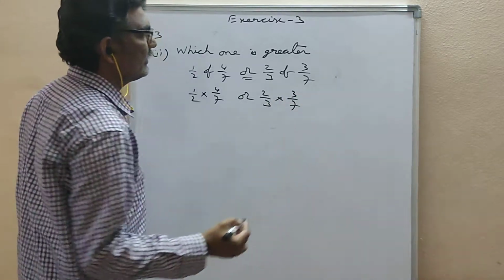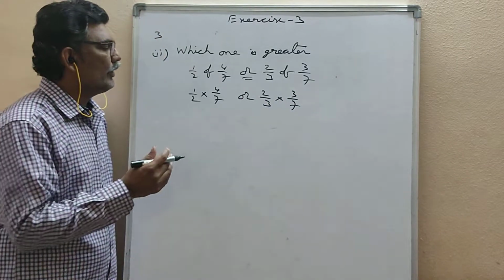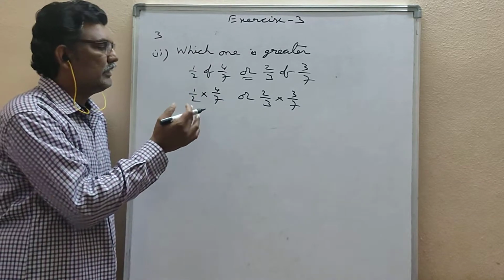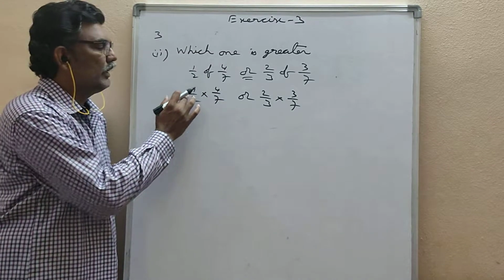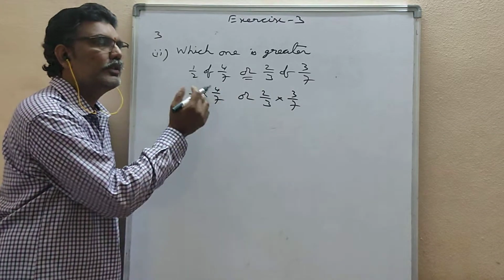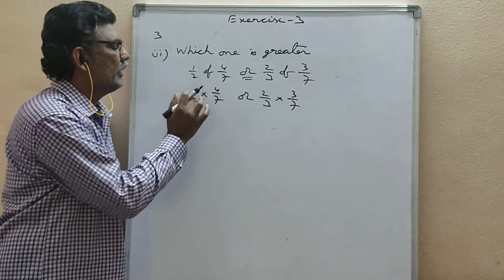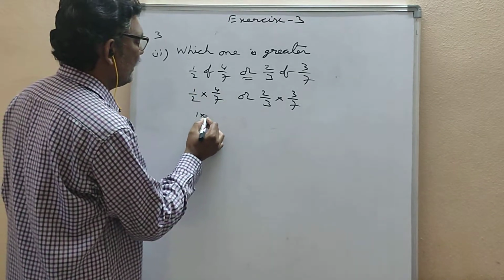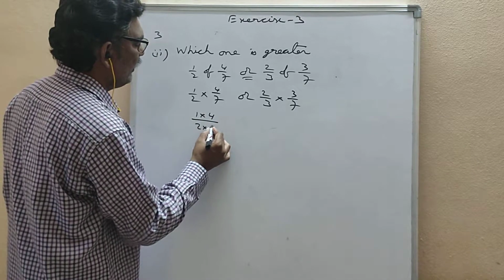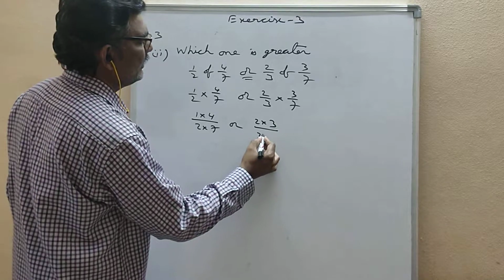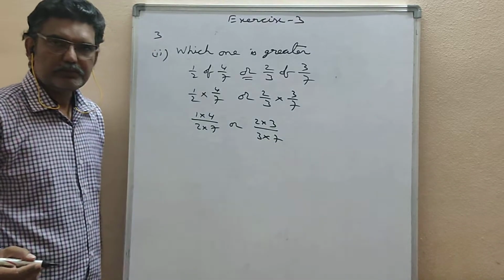It is 3/7. Now what you have to do? Any cuttings will go or not. Otherwise, I said already for you that a fraction, if it has to multiply with another fraction, numerator into numerator, denominator into denominator. So you can do like this, 1 into 4 by 2 into 7, or 2 into 3 by 3 into 7.